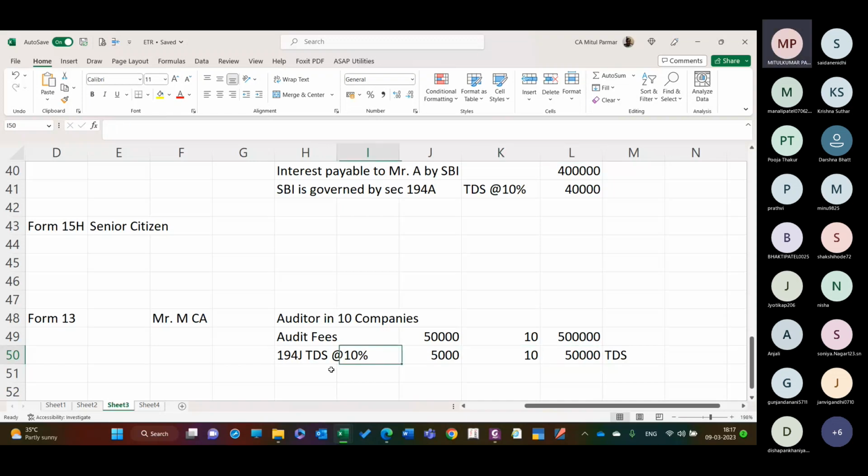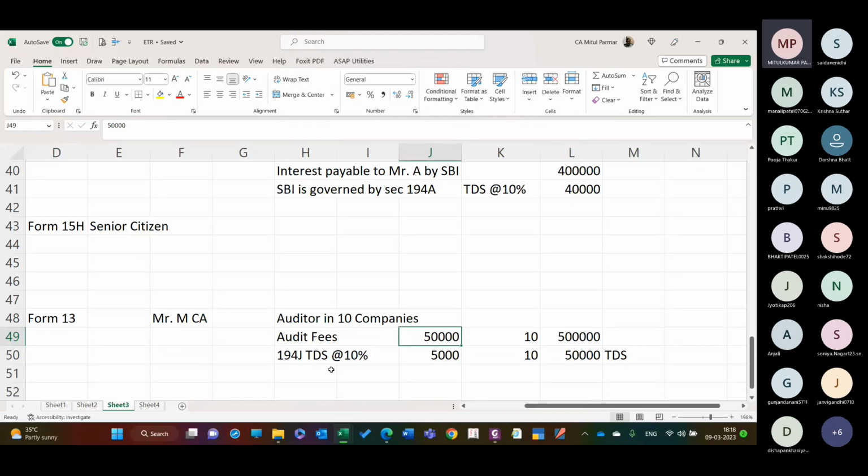Now, all of you know that if Mr. M is a proprietorship, this is the gross receipts. He may have incurred expenses on this 5 lakhs for rendering these auditing services. He must have spent a lot of money on salaries of his audit team and many things. But hypothetically, let's assume that there is no expense.